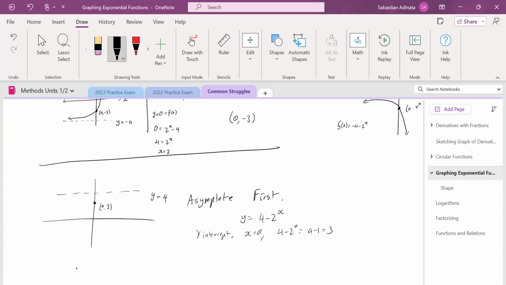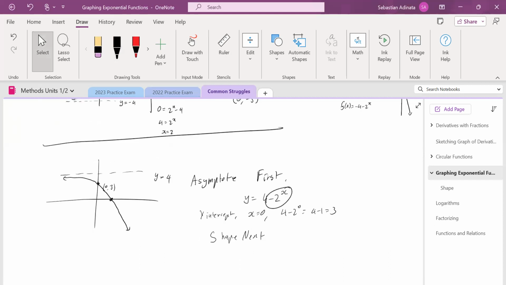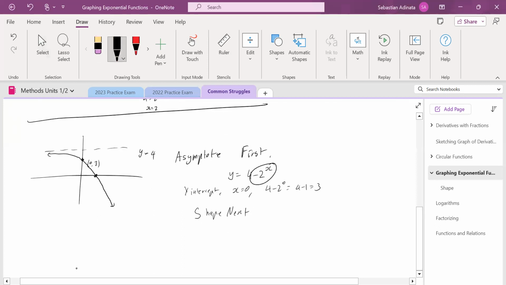And then the shape next. And then clearly we can see it's going to look like this. Good. And then now we can tell there's going to be an x-intercept. We sub y equals 0. 0 equals 4 minus 2 to the x. 2 to the x equals 4. x equals 2.